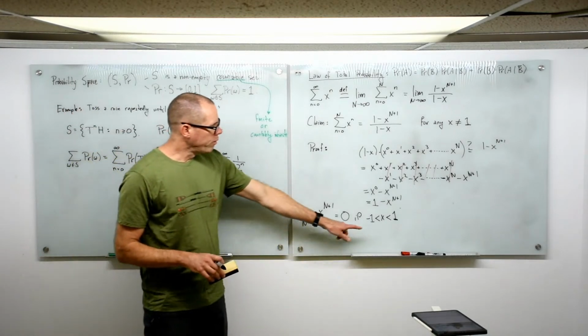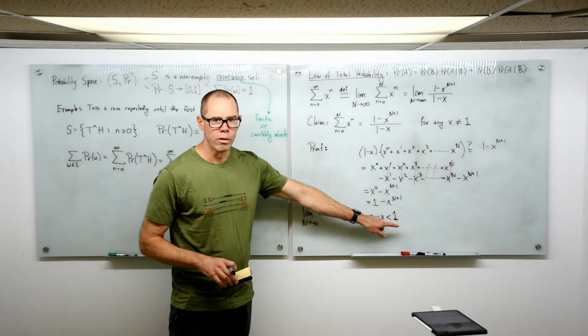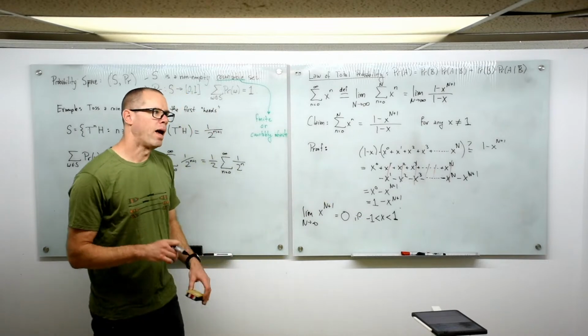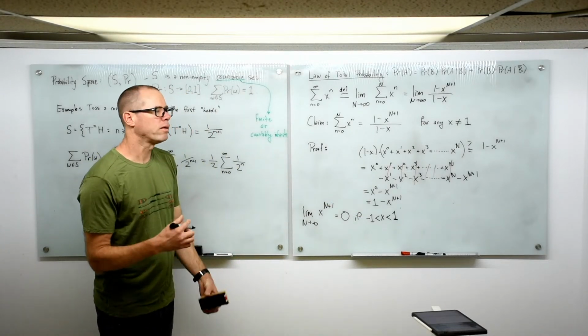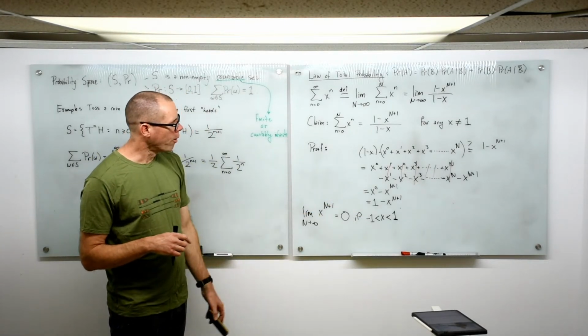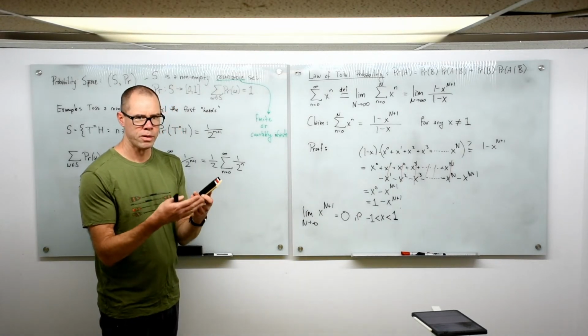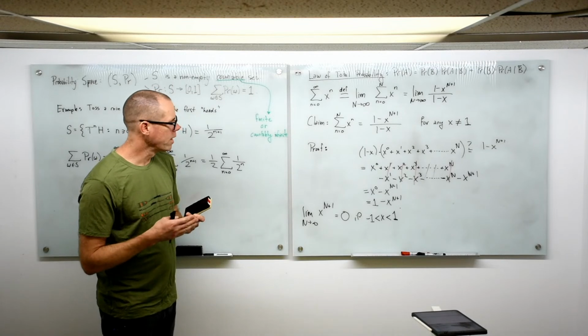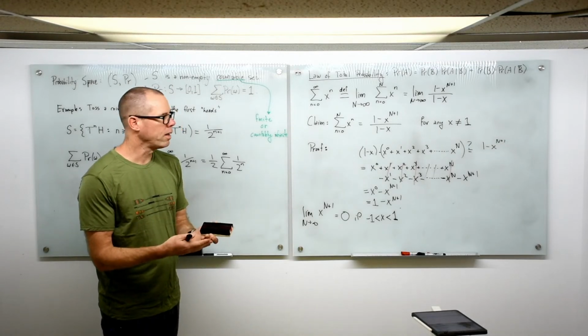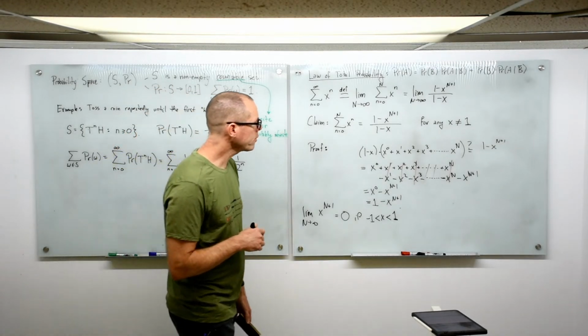So if the absolute value of x is smaller than 1, then as I keep raising it to a higher and higher power, the absolute value gets closer and closer to 0, which means in the limit it's equal to 0.